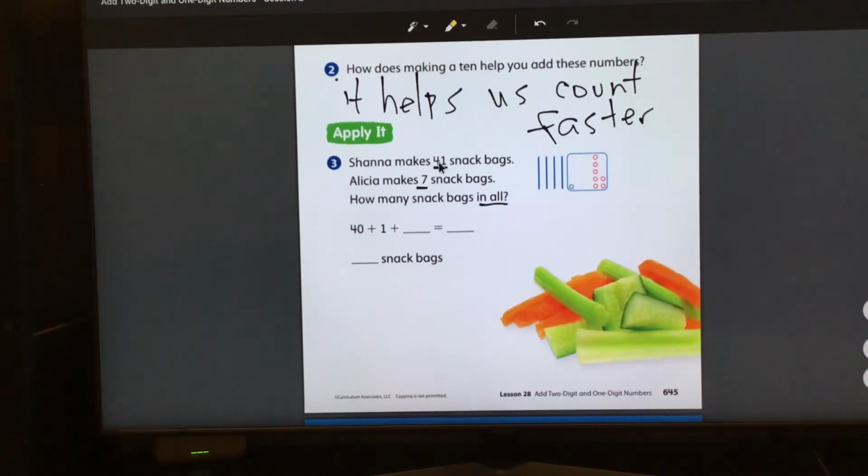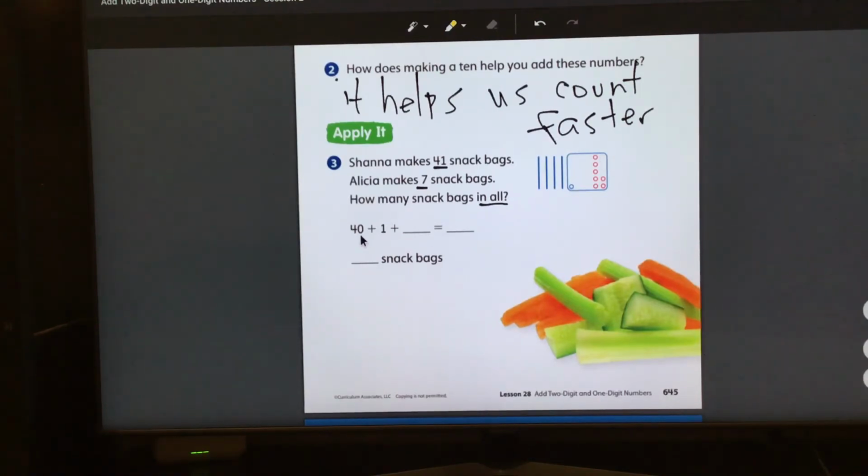You'll notice that they broke apart the 40 and the 1. The reason they did that is so that you just keep all the ones together because you can't make a new 10. So here you're adding your 10s first, which is 40, 10, 20, 30, 40, plus your 1, that gives you your 41. Now we still have our red, which is 7.